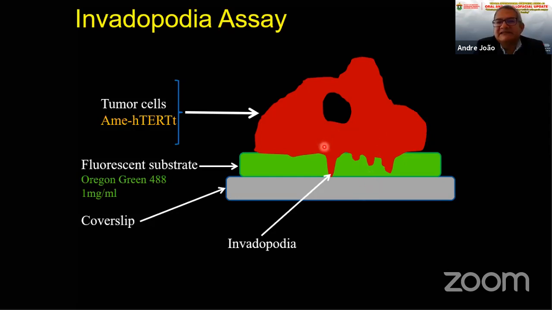When the cell leaves the fluorescent substrate, we form an invadopodia, and we can see the invadopodia formation by the dark dots or areas in the fluorescent gelatin.